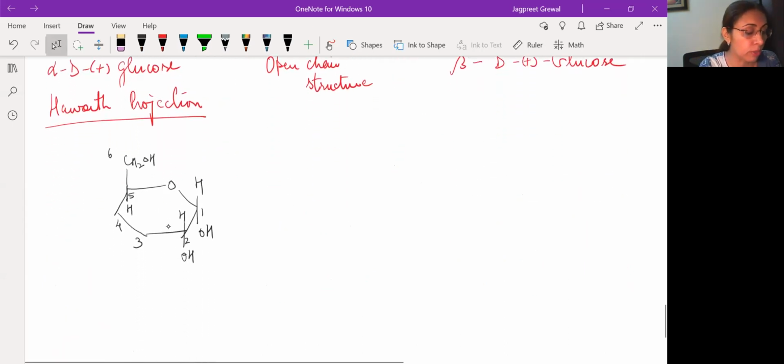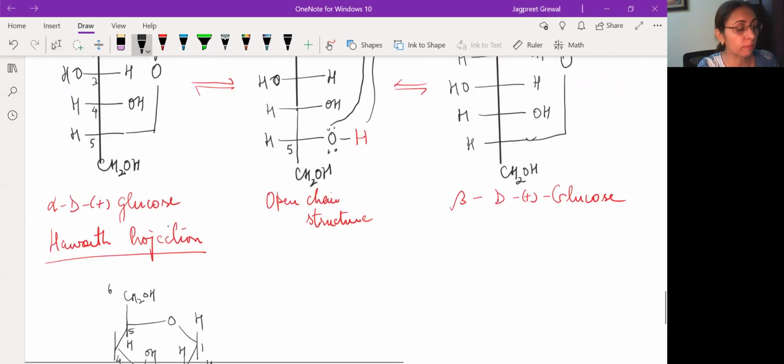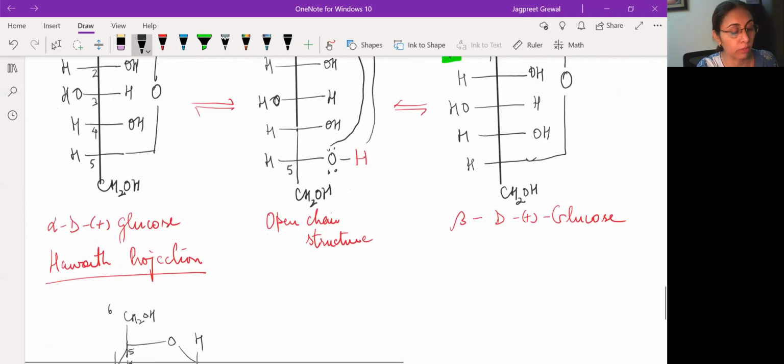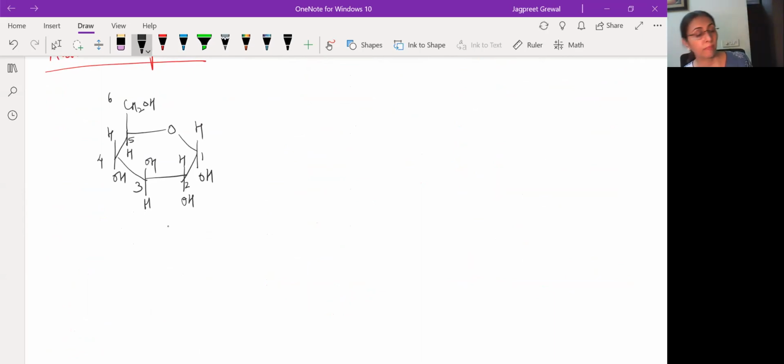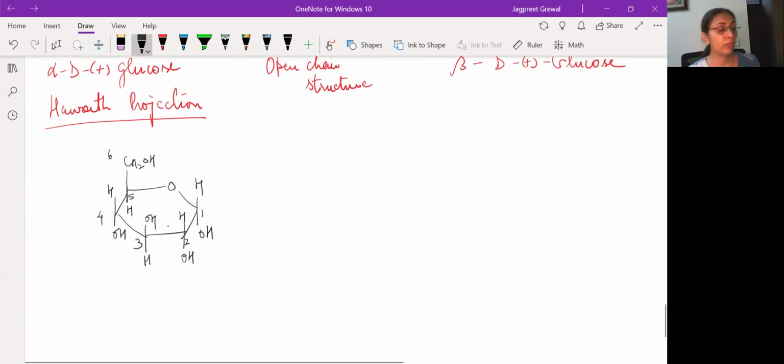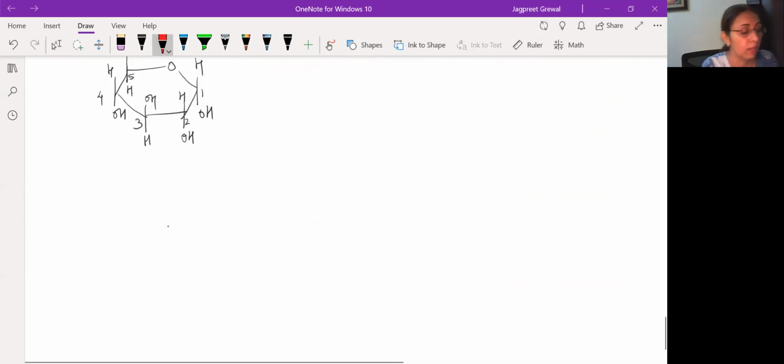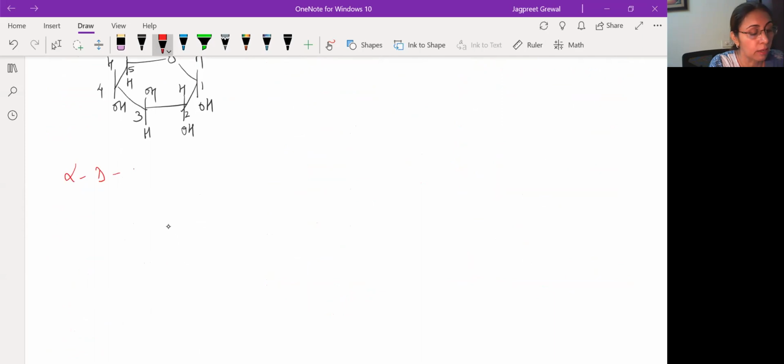So this is how I draw it, OH, H. C4, if you see, OH is again on the right side, so that is drawn below the ring. And so on. So this is known as the cyclic structure, and the full name of this structure is alpha D positive glucopyranose.